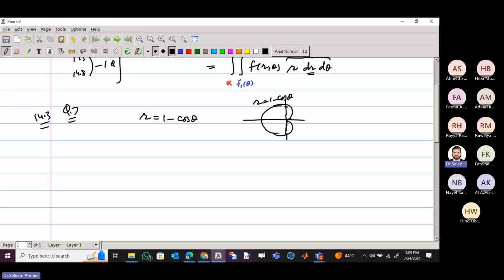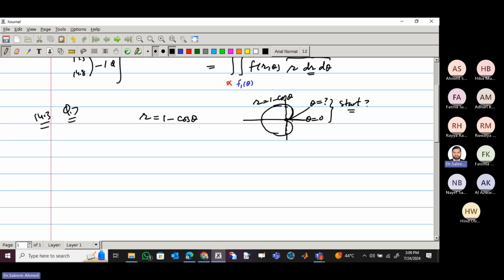So you see, we only have to see what this line is. Is my cardioid starting from 0 or is it starting from some other angle? I don't know yet, right? Where it starts, what is the starting point? Usually when your polar curve goes to the origin, your r becomes 0.